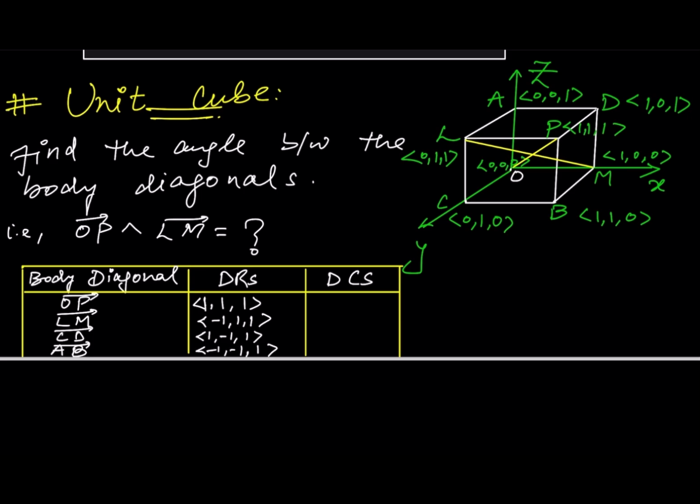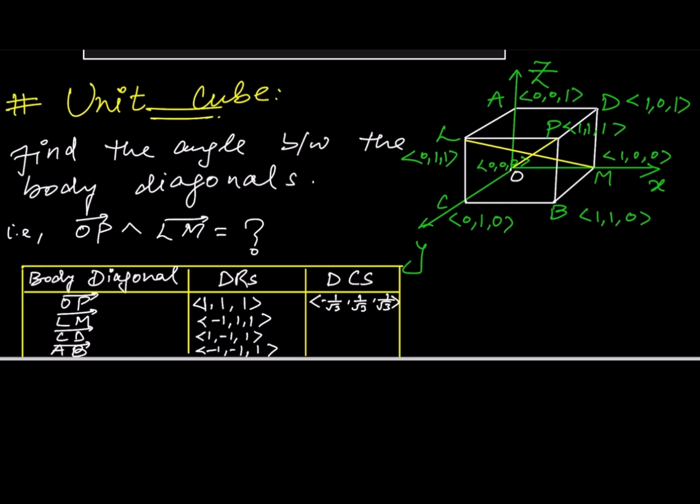If DRs are known, then DCs can be found using the concept A upon root over A square plus B square plus C square. So the DCs of OP are 1 by root 3, 1 by root 3, 1 by root 3.